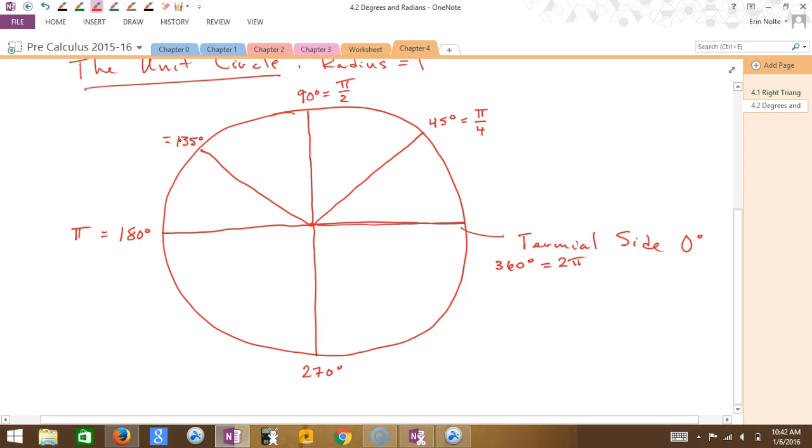What's my radian? It's going to be bigger than a half a pi. 3/4 pi.